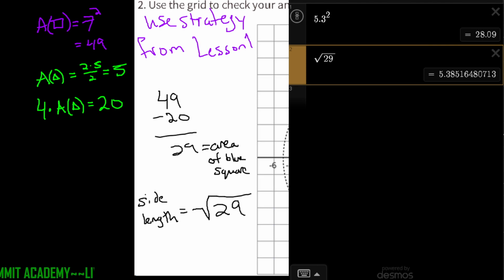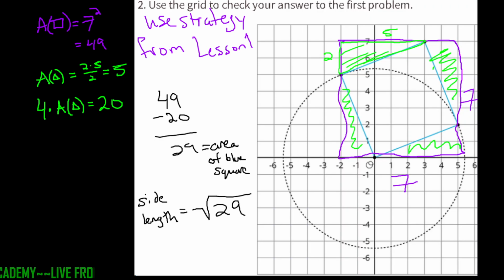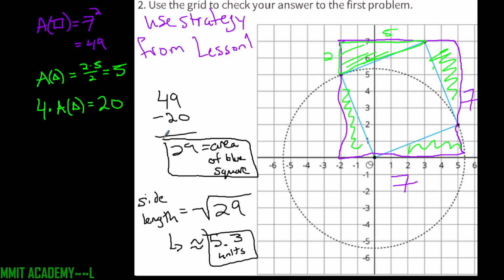And so I know that is going to be a little bit closer. So I can say my side length is going to be approximately 5.3 units, where the area was 29.